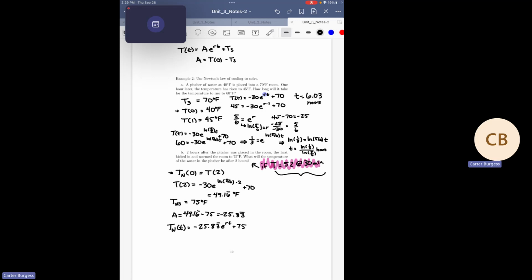What is our final temperature here? 77.76, something like that, degrees. One of those two. Any rounding, you might have been off by a couple of tenths or a couple of hundredths or something. But what we get there. So this was 2.